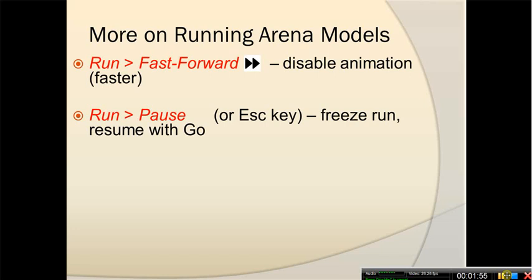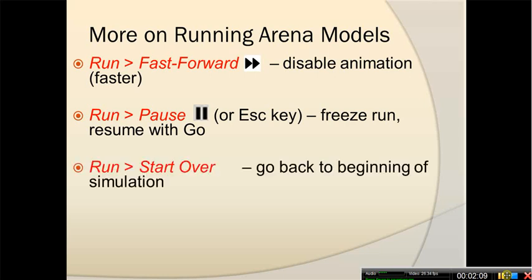We can also press Run, Pause in Arena or click this button or press the Escape key, and this will freeze the run and you can resume later with a Go.